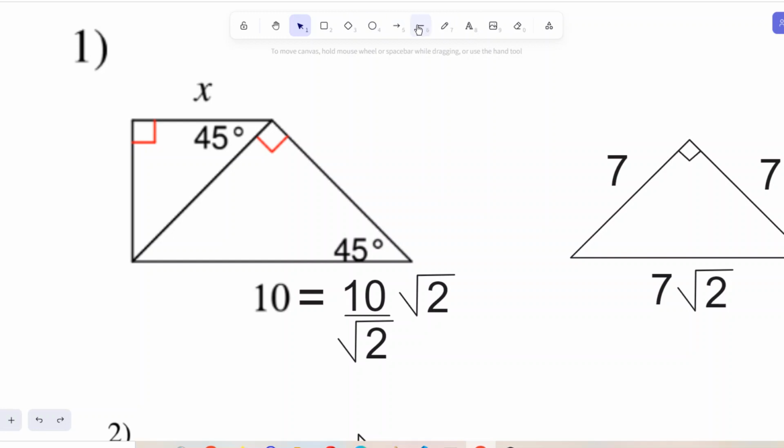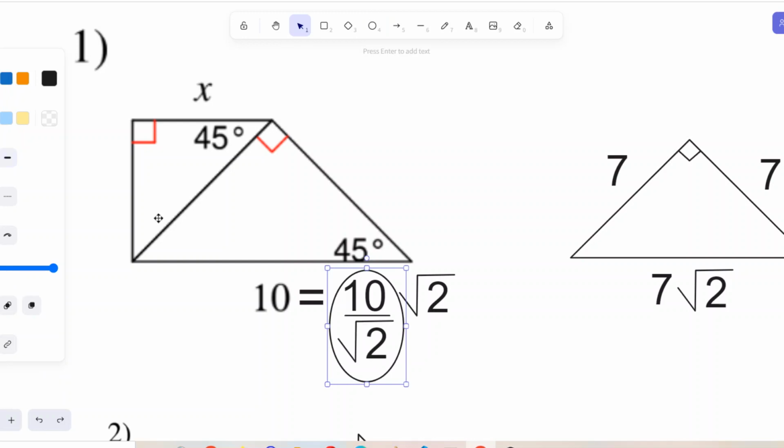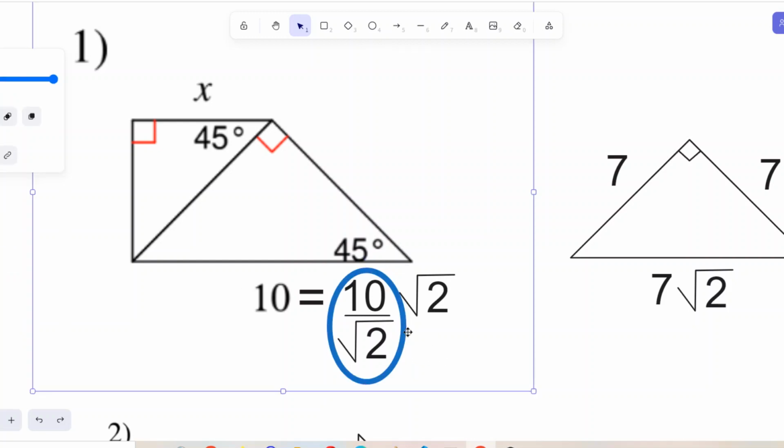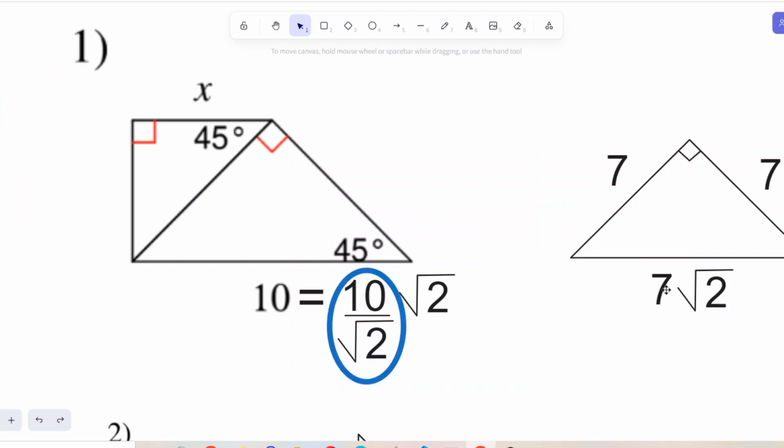Okay, so now we have this written as something times root 2. If we have something times root 2 for the hypotenuse, then you know that that something is the length of the legs. So with 7 and 7, the hypotenuse is 7 root 2. We had 10, and we need to write this hypotenuse as something times root 2, so factor out a root 2 from 10. You get 10 over root 2.